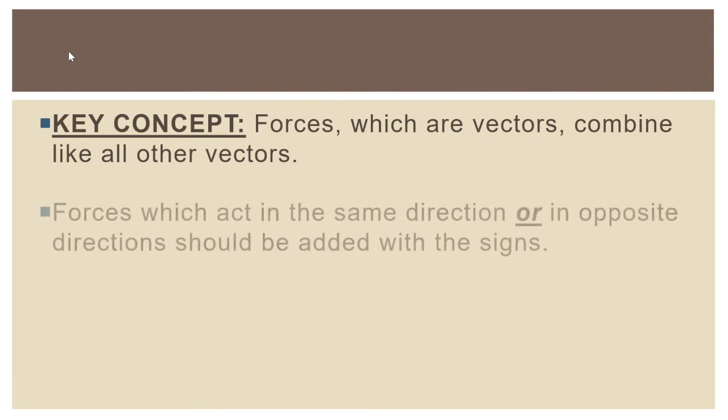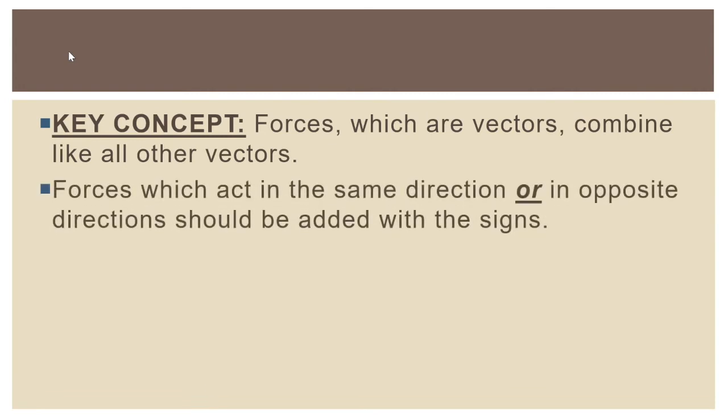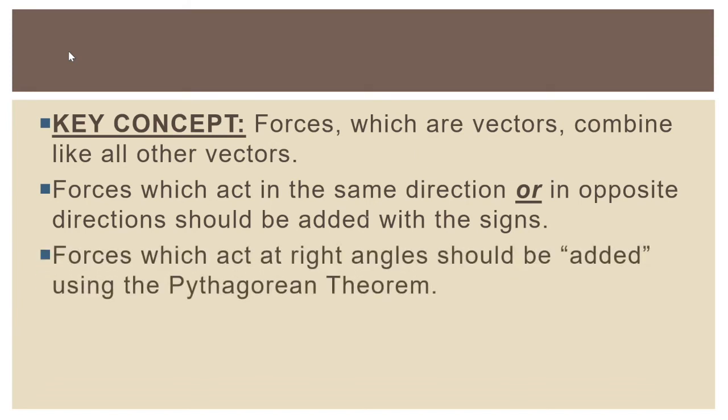So forces which act in the same direction or in the opposite direction should be added with the signs. Pretty straightforward. Forces which act at right angles should be added, and I put added in quotes here because you're not actually adding, you're doing the Pythagorean theorem, but they should be added using the Pythagorean theorem.